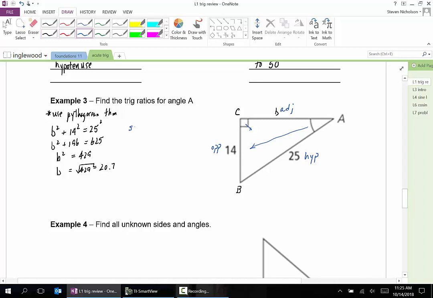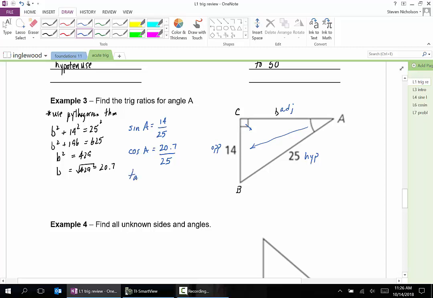So the sine of angle A, again, I don't know what angle A is, I don't care what it is, opposite, that's 14, over hypotenuse, that's 25. The cosine of angle A is the side adjacent to, which is 20.7, compared to the hypotenuse.